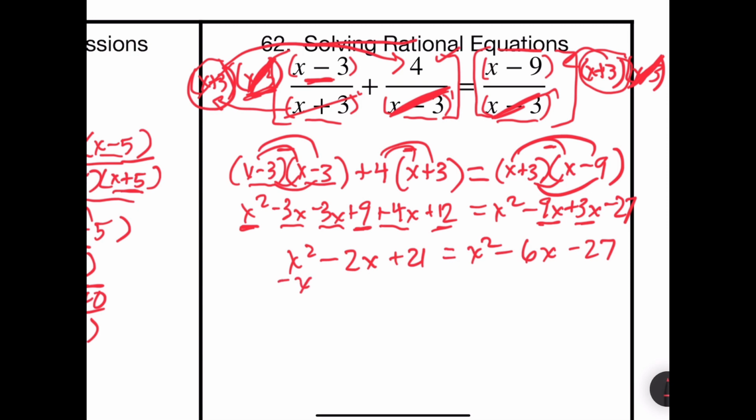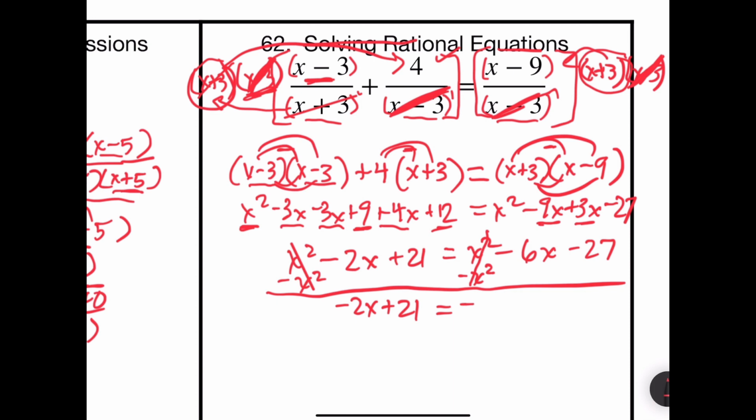I'm going to subtract x squared from both sides. X squared minus x squared is 0. 0 minus 2x plus 21 is negative 2x plus 21. And that equals x squared minus x squared is 0. 0 minus 6x minus 27 is negative 6x minus 27.